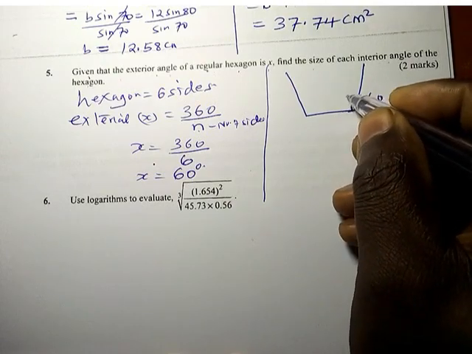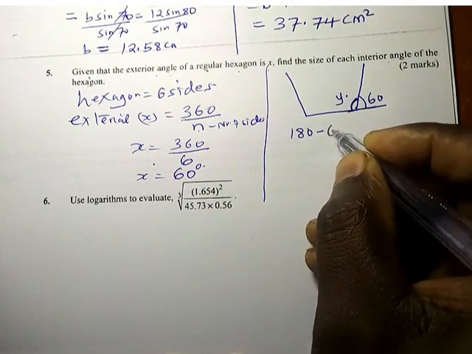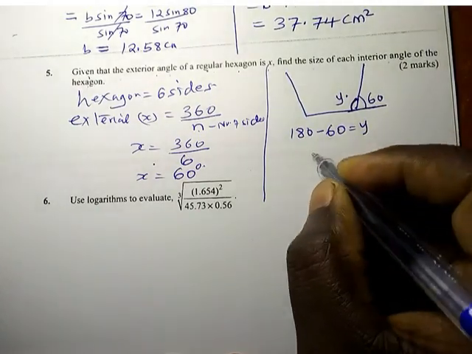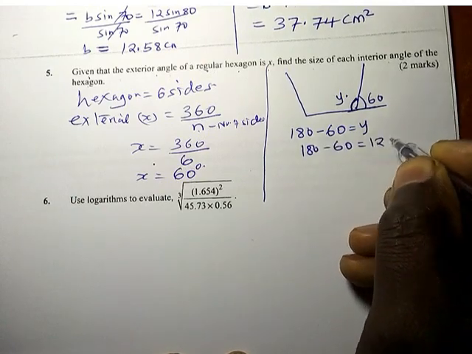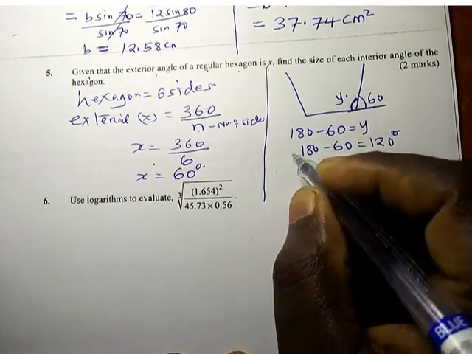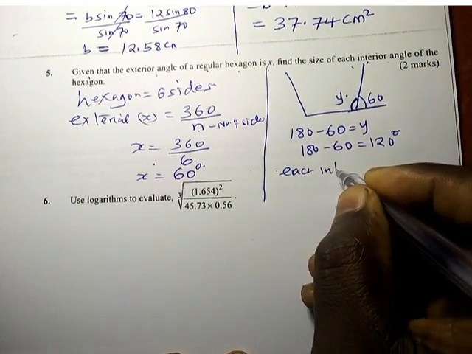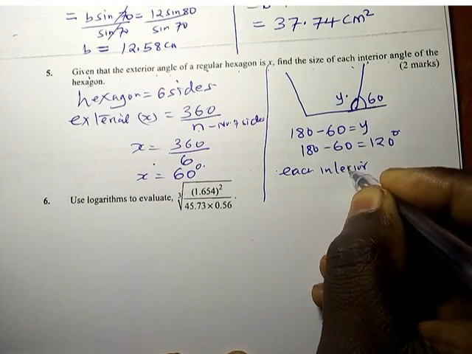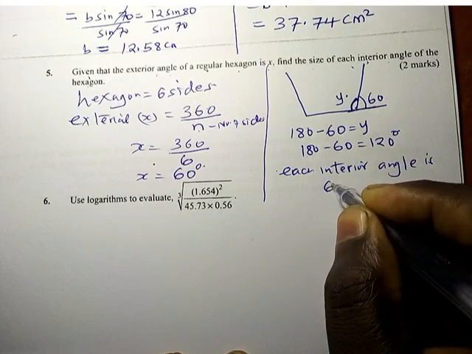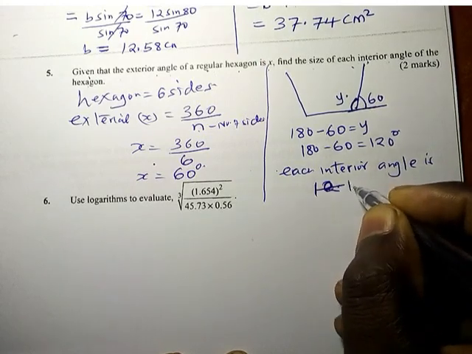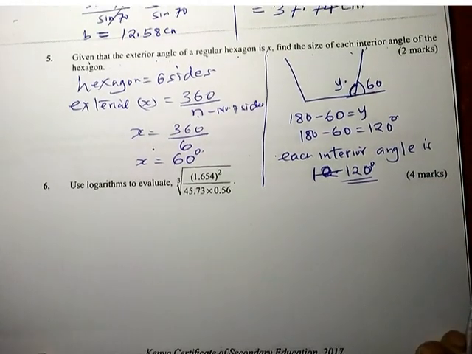So to get the interior angle y, it is 180 minus 60, which is 120 degrees. So each interior angle is 120 degrees.